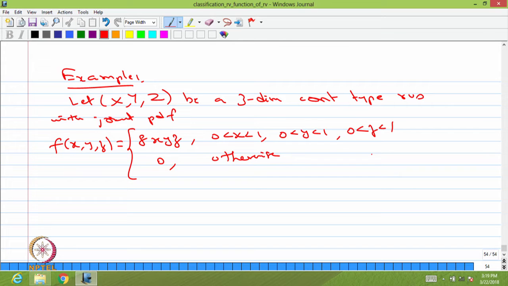We can verify whether this is going to be a joint probability density function by integration from 0 to 1, 0 to 1, 0 to 1, a times 8xyz dx dy dz, that is going to be 1. Therefore, this is a joint probability density function of the random variable x, y, z.